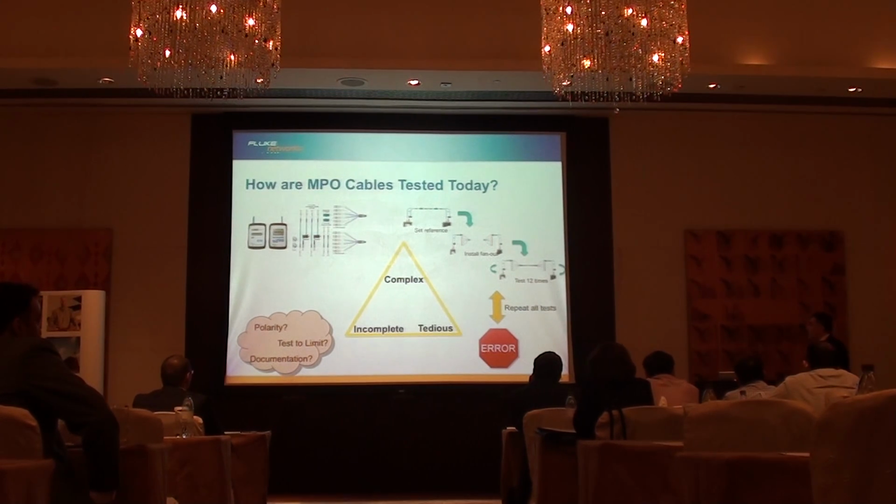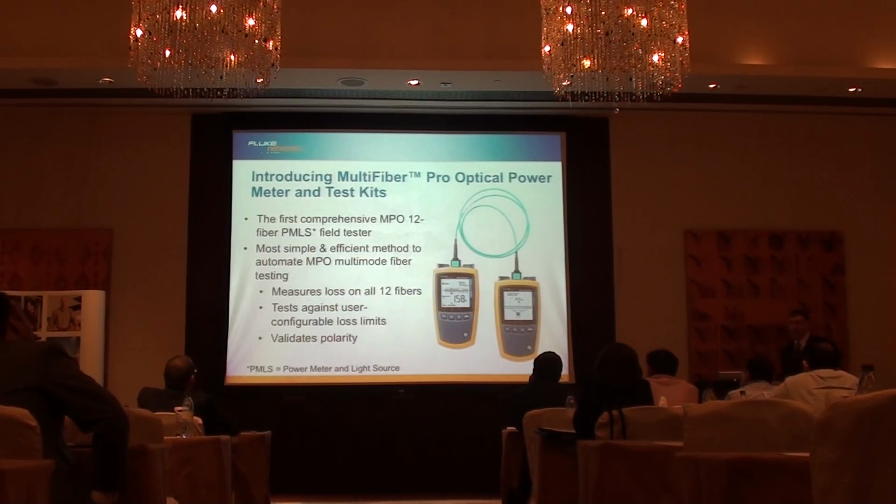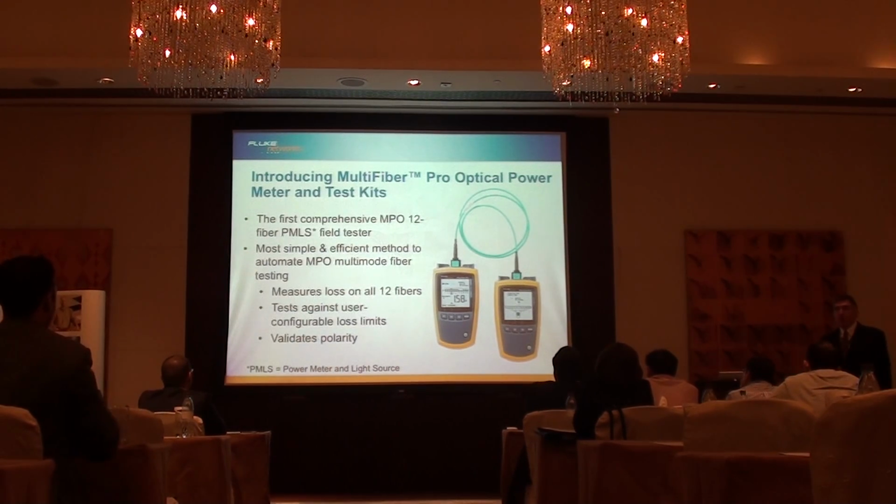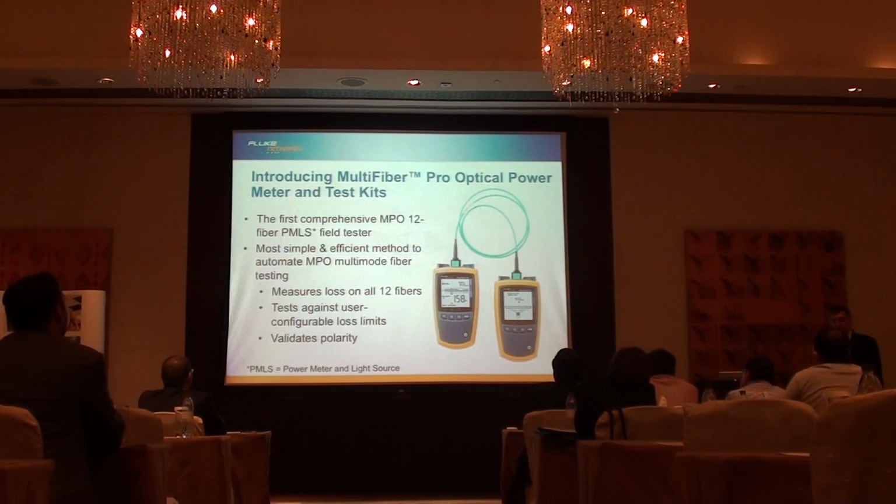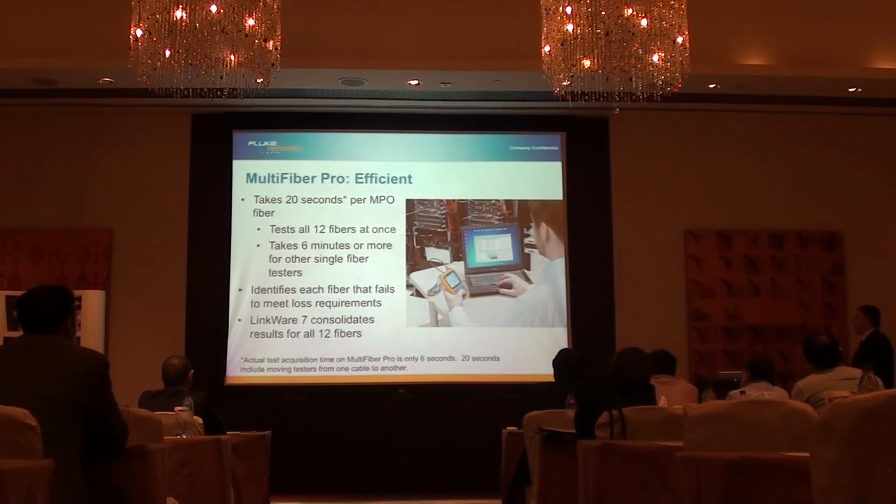As an engineer, what they have done is devise a solution that will automate this process for you. It will check for polarity. It will check one by one, every single fiber automatically, and you can document these results. And it will go, of course, to LinkWare. It is very fast, so you can test all 12 fibers at once without worrying about the polarity.